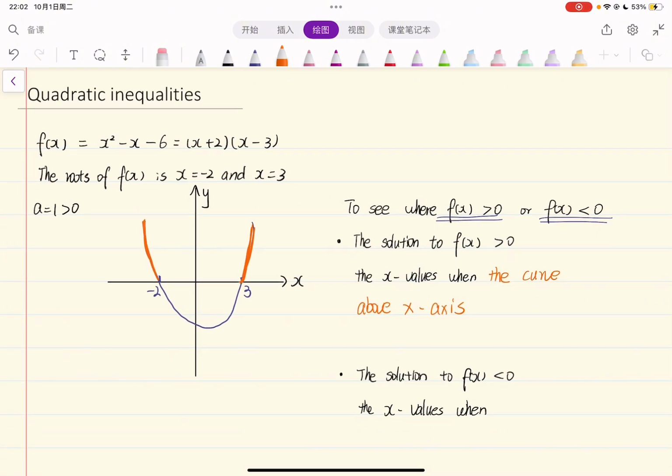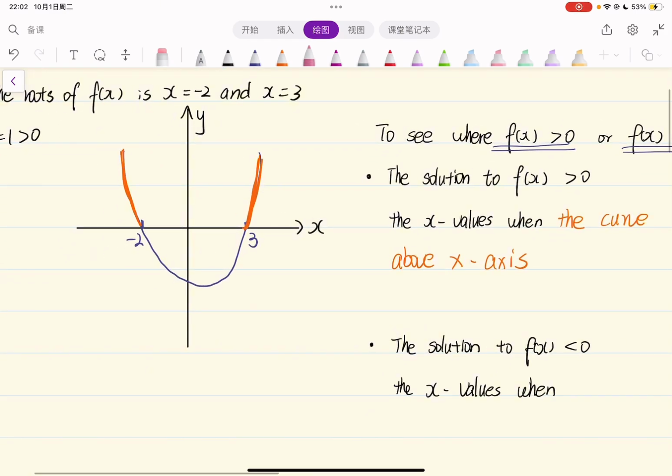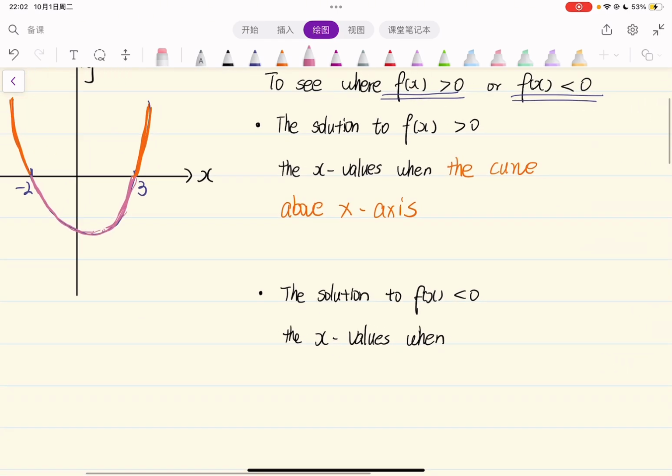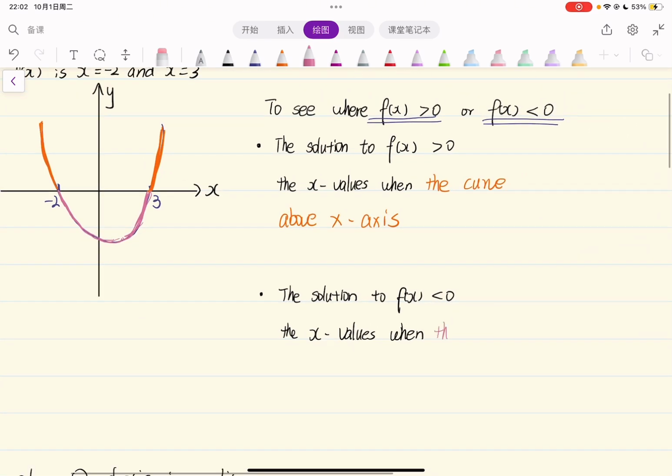How about f(x) less than 0? That is the part below the x-axis, this color, and it's when the curve is below the x-axis.